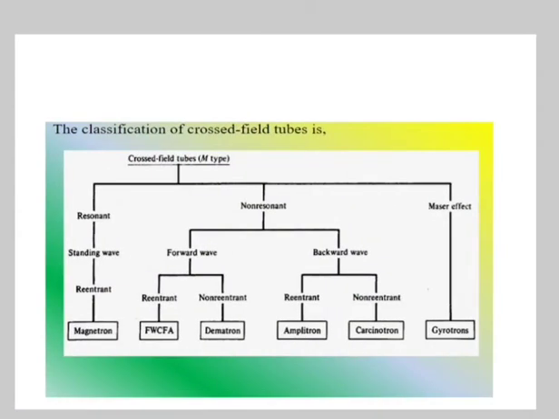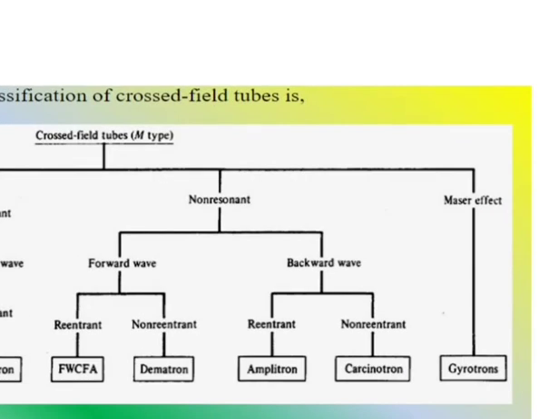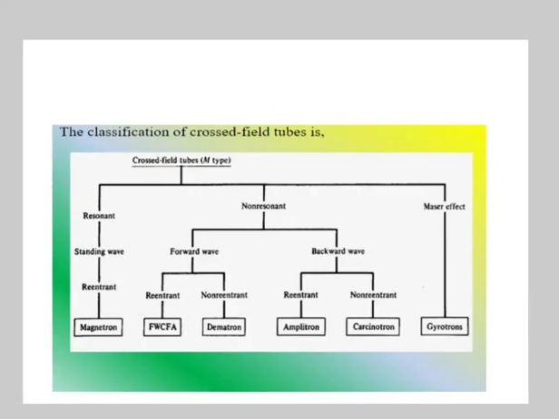The crossed field tubes consist of resonant and non-resonant types. In resonant there is a standing wave, in non-resonant there are forward and backward waves.